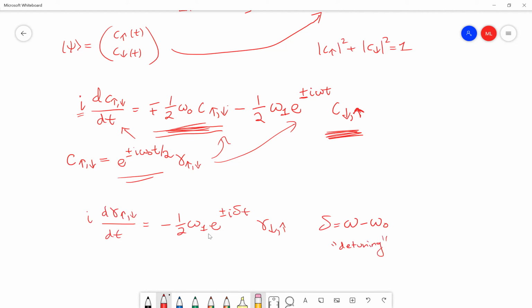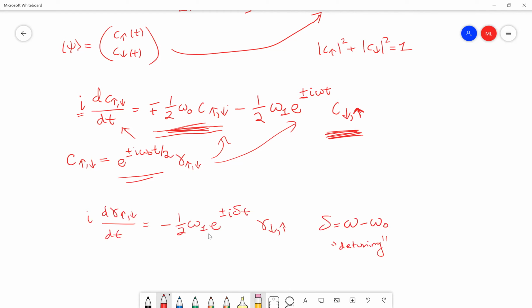Why is it called the detuning? Because in order to get the maximal effect here, what you want to do is apply a field that oscillates at the same frequency as your Larmor frequency, as the precession frequency of the spin in just the static field.